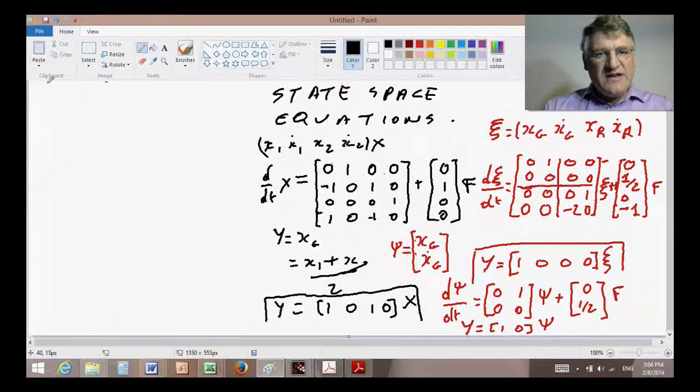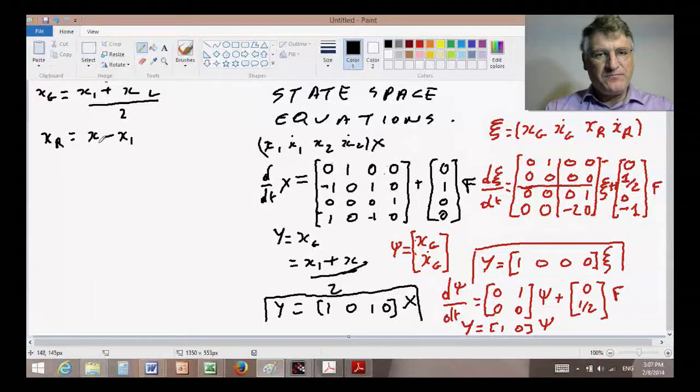I said that xg is equal to x1 plus x2 over 2. Likewise, xr is equal to x2 minus x1.